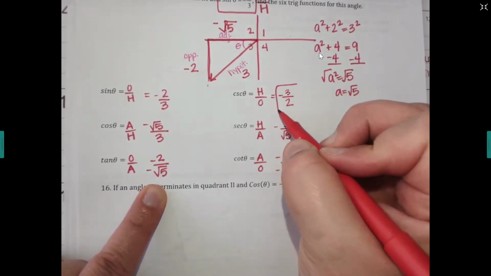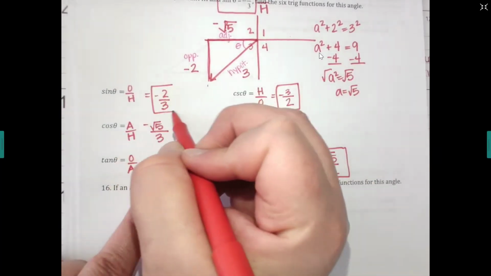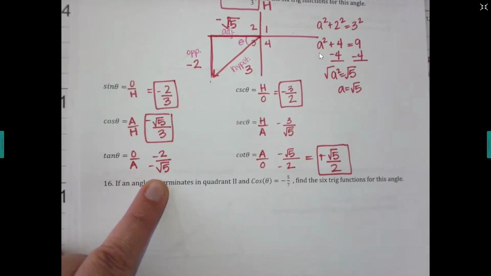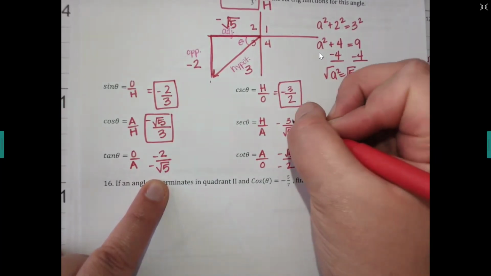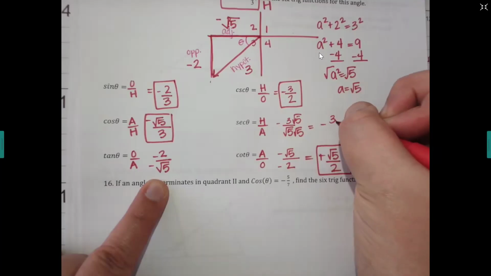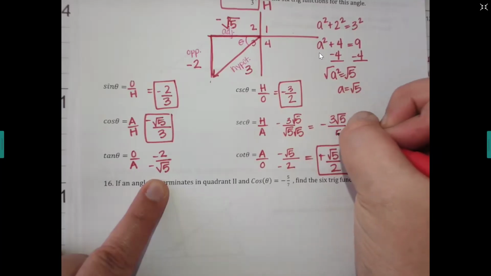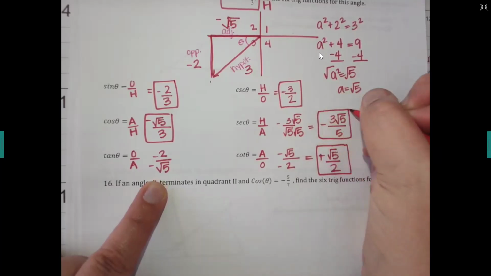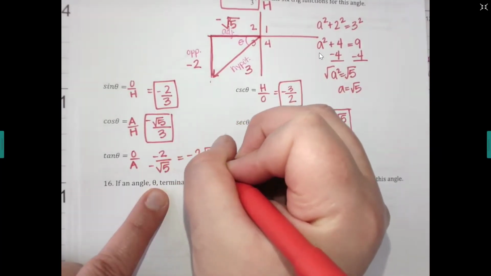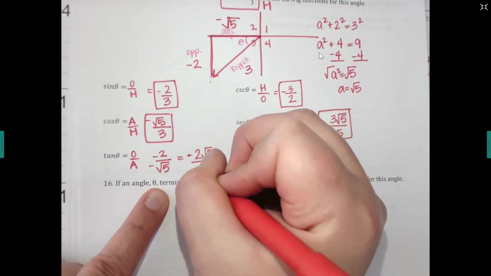This one's good. This one's good. This one's good. Why did I not box the other two? Roots on the bottom have to be fixed. So I'll repeat my root. Now it's a -3 root 5 over a regular 5. And then positive 2 root 5 over a regular 5.